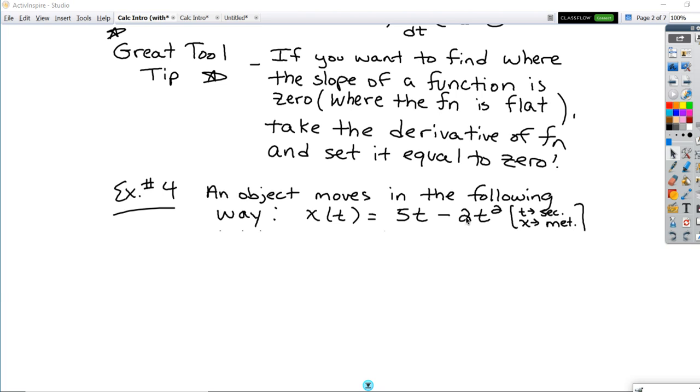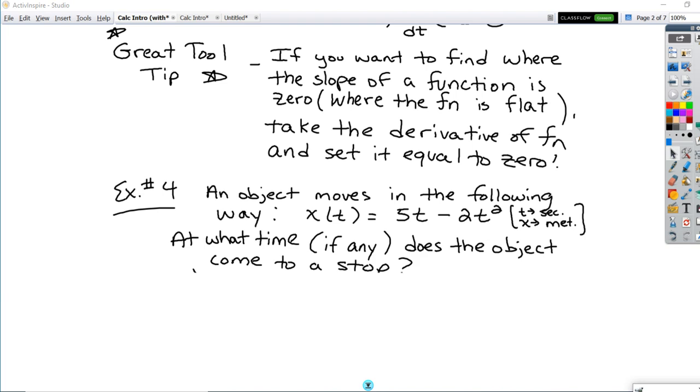But you could look at this and tell me what the acceleration is, and tell me what the initial velocity is, and whether it's speeding up or slowing down at different time intervals, but we're going to talk about that in class. But my question to you is, at what time, if any, does the object come to a stop? Okay? At what time, if any, does the object come to a stop?